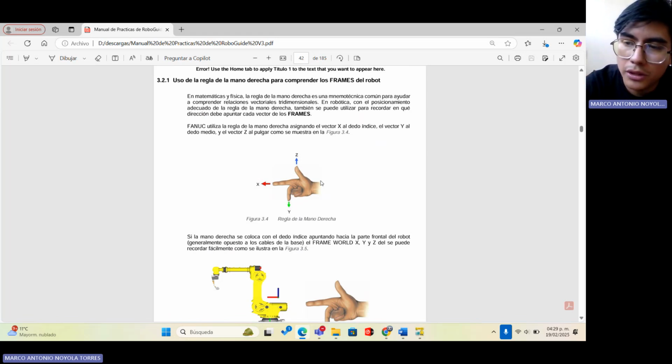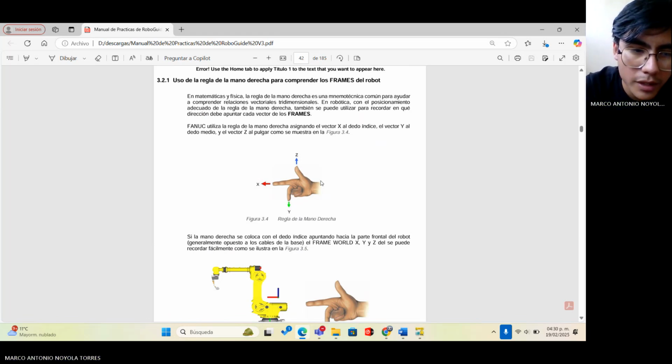First, you point your index finger in the direction of the positive x-axis, then you point your middle finger in the direction of the positive y-axis, which is perpendicular to the x-axis. And then finally your thumb will point in the direction of the positive z-axis, which is perpendicular to both the x and y axes. This is the right hand rule.